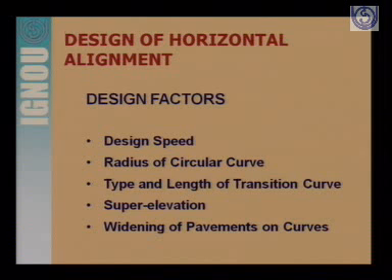Next is super elevation, and the last is widening of pavements on the curves. At some places we have to widen the pavements, and these places are where we are providing the curves on the road and the highways. So these are some design factors that we should consider while designing the highways or the roads.